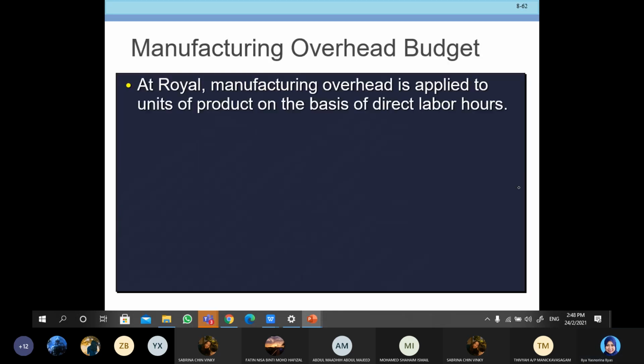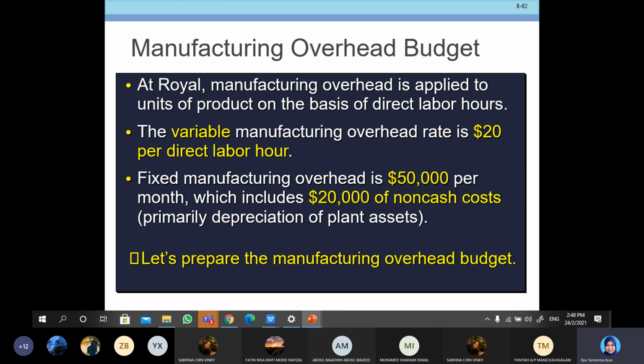All right. So we go to the manufacturing overhead budget. At Royal, manufacturing overhead is applied to units of product on the basis of direct labor hours. So they are using direct labor hours based on our direct labor budget. We already calculated the hours, right?